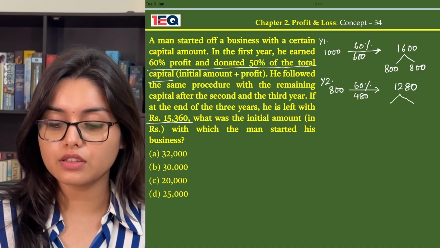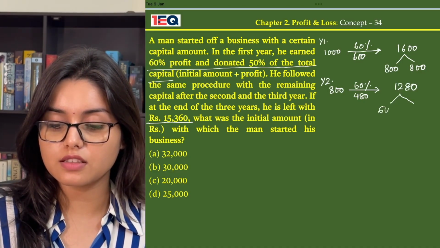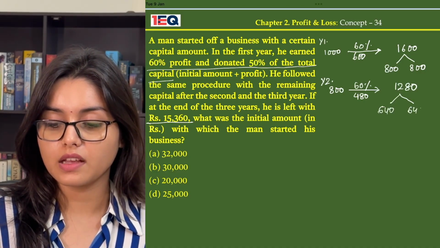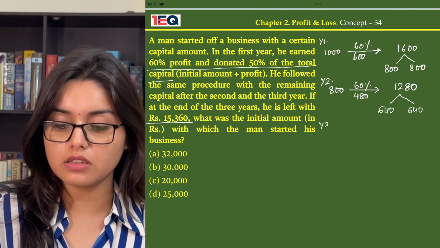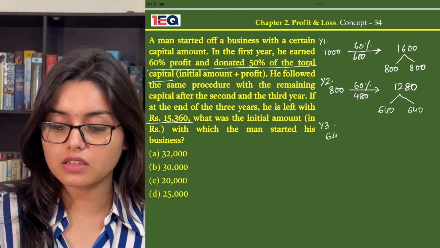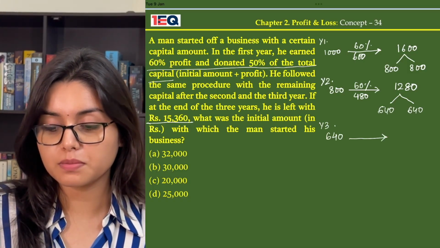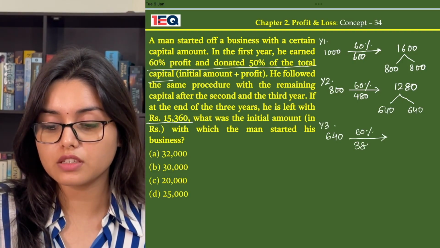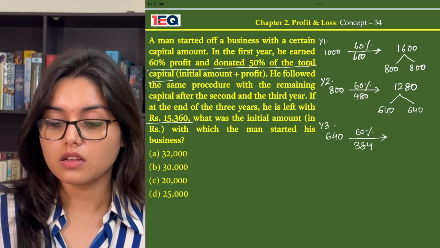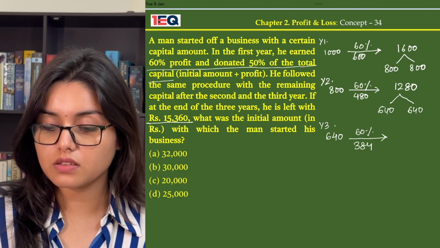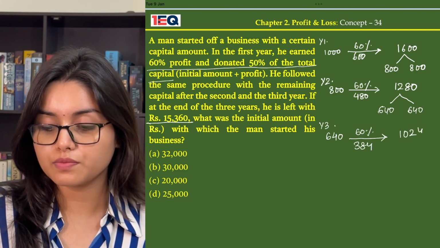Then he donates another 50%, that is 640 rupees, and starts year 3 with the other half, that is 640. He then earns a profit of 60% again, which is rupees 384. This adds up to rupees 1024.